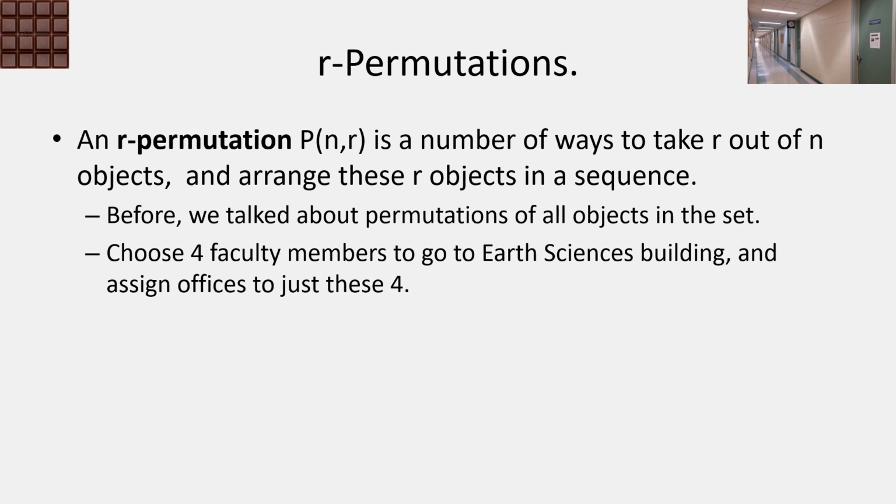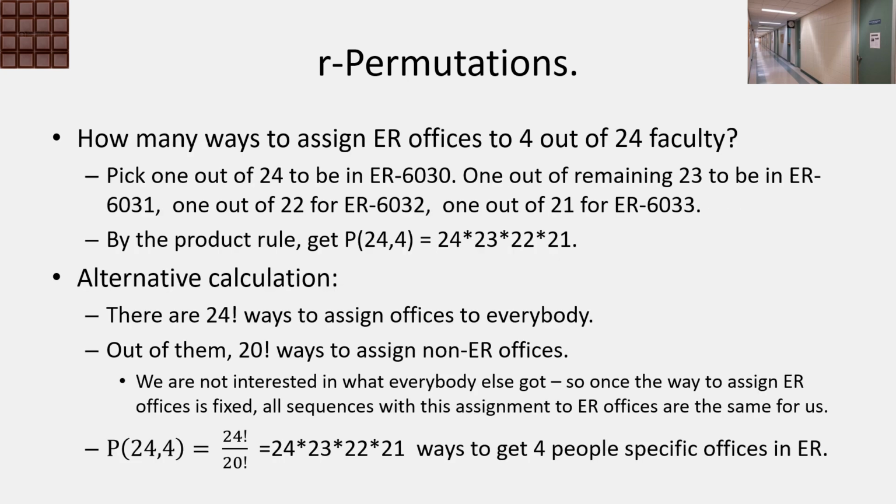Now we could generalize to talk about not just 4 people, but add to that the part about selecting 4 people out of 24 to go to Earth Sciences, and then assigning offices to those 4. So how can we do it? Again, we could use the rule of product.